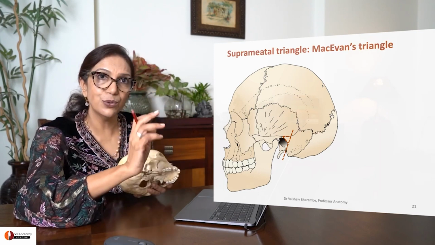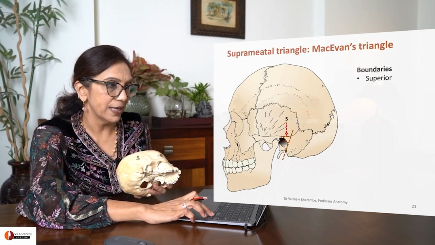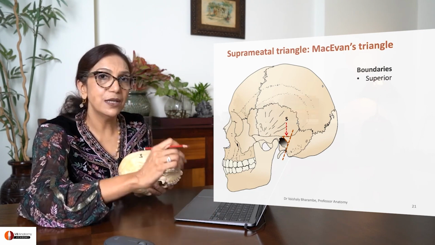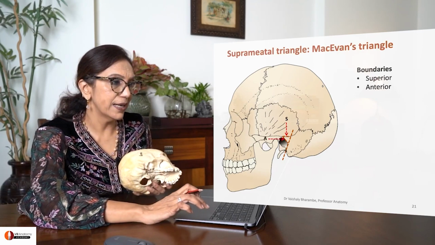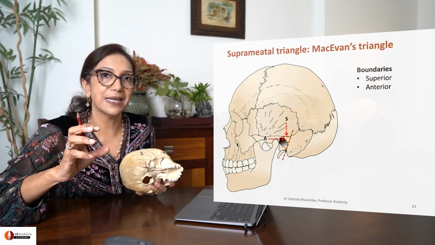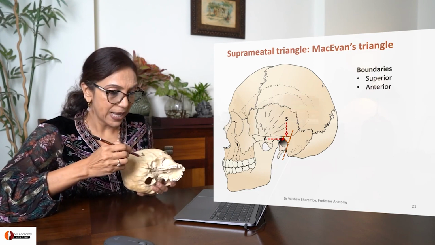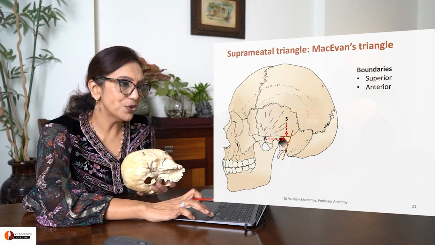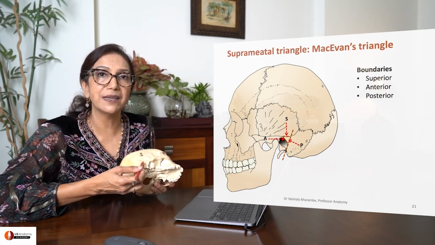It is bounded superiorly by the supramastoid crest, anteriorly by the posterior wall of the external acoustic meatus, and posteriorly by a tangent drawn to the external acoustic meatus.